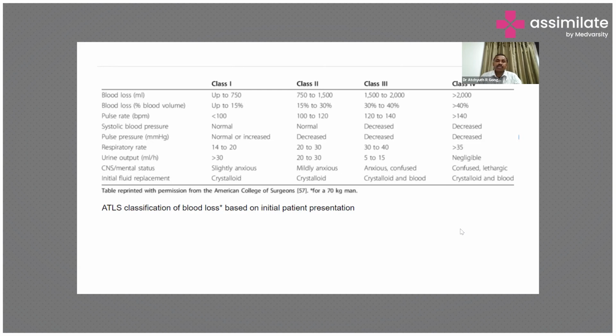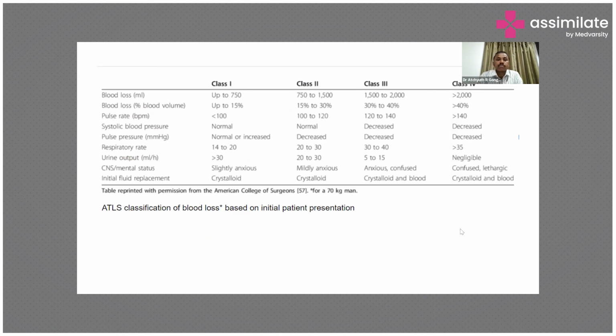Systolic blood pressure is decreased, pulse pressure is decreased, respiratory rate is again increased, urine output is almost negligible, patient is confused and lethargic, so he calms down or slows down. Doesn't mean that patient is comfortable. Patient hasn't got enough oxygen or enough energy to become anxious or confused or agitated. And here we end up giving crystalloids and blood for resuscitation of this patient.